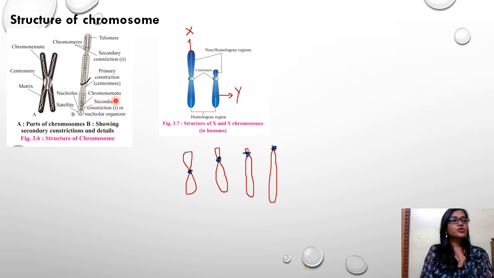The part of the chromosome beyond the nucleolar organizer is very short, spherical and thick, and that part is called the satellite.